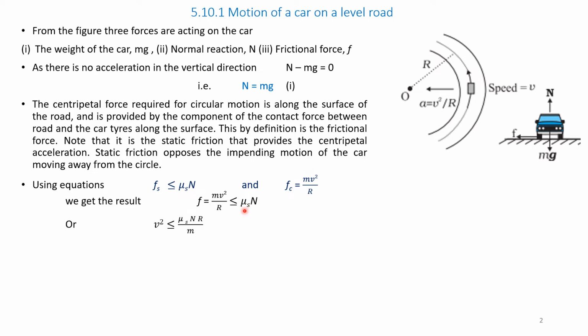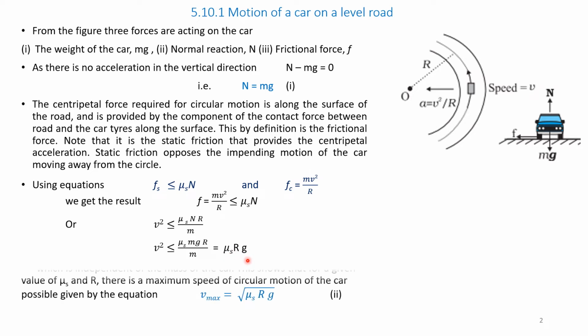Simplifying these two, v square is equal to, cross multiplying, mu s into N into r divided by m. Substituting N equal to mg, we get mu s into mg into r divided by m, that is equal to mu s into r into g. Therefore, velocity will be equal to square root of mu s r g, which is independent of the mass of the car.